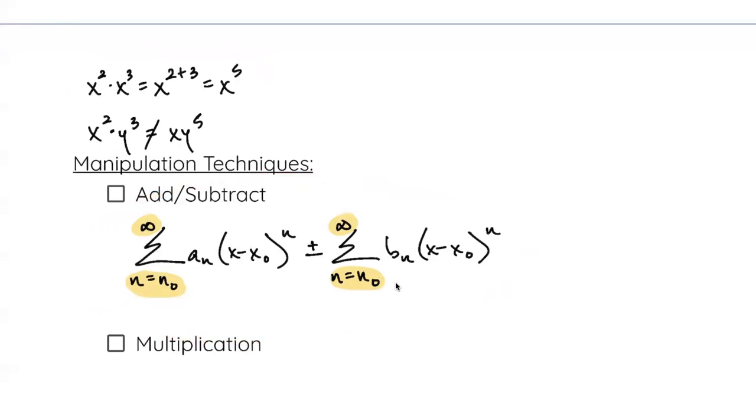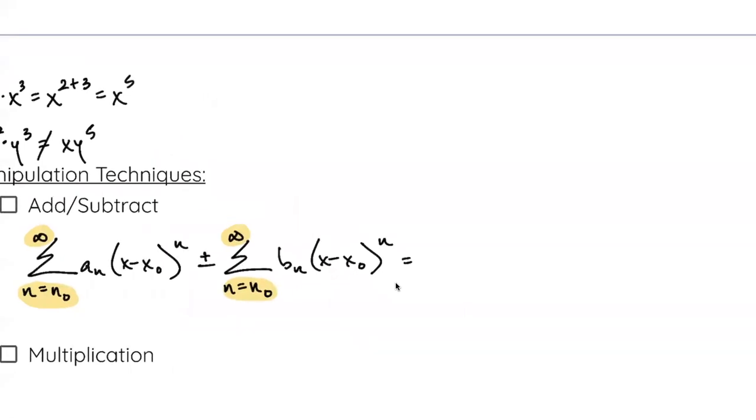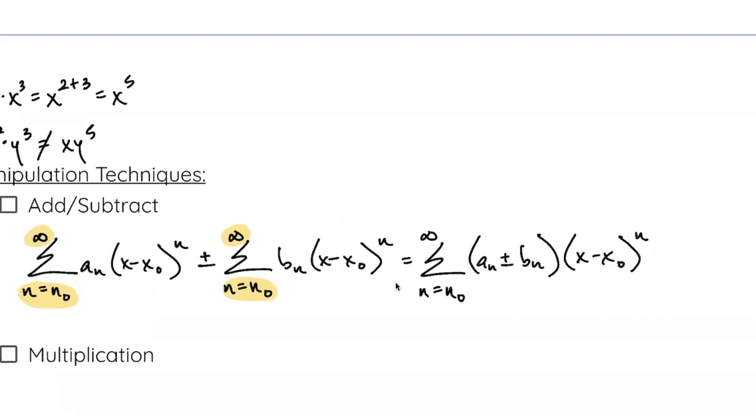And so it turns out that if we are adding or subtracting these, we can just say we're going to have n equals n naught, so whatever our starting is, all the way into infinity. And we can just say we're going to do a sub n plus or minus b sub n. So we add those coefficients and then we multiply in the rest of it, x minus x naught to the n, okay?